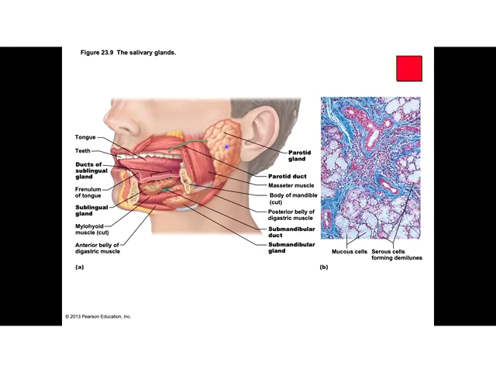The serous saliva has more digestive enzymes in it. The mucus saliva is more in tune with lubrication and with protection against pathogens. Okay? So you can see where they drain, and you can see here a micrograph of what they look like under the microscope after they've been stained. All right.